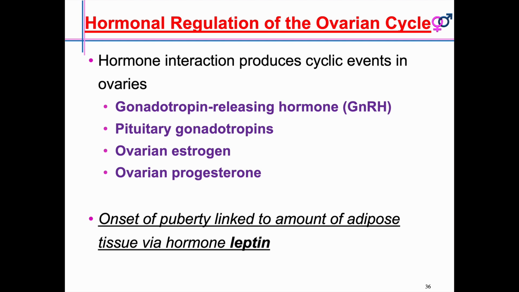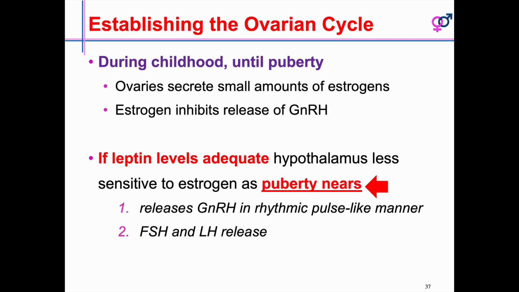Okay, so the hormones responsible for the menstrual cycle are gonadotropin releasing hormone, the pituitary gonadotropins, that is follicle stimulating hormone and luteinizing hormone, then estrogen and progesterone. During childhood and until puberty, the ovary secretes a small amount of estrogen, which inhibits the release of gonadotropin releasing hormone.